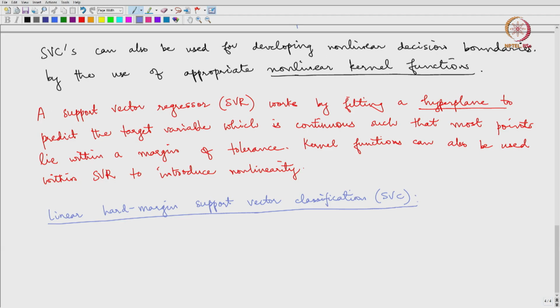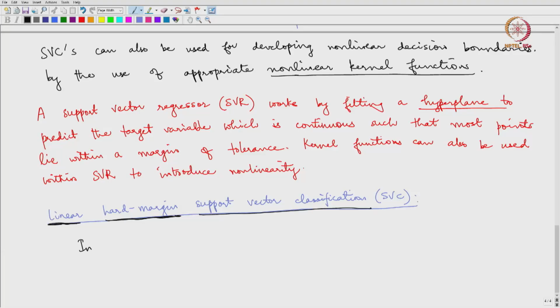I hope you understand what is meant by these terms. It is linear because we are not using a nonlinear kernel function. You already know what is meant by support vector classification, and we also briefly discussed what hard margin means, that you are very strictly enforcing the separation between the two classes. Let us see how this kind of a model would work.